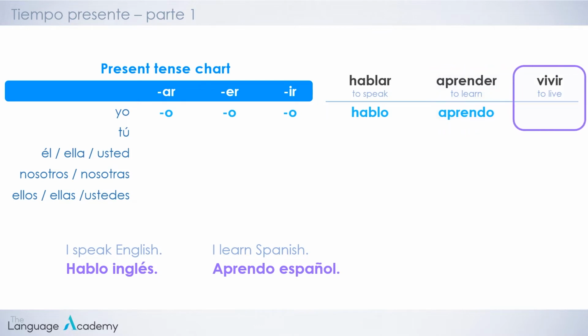Remember, this V letter is pronounced as B. Vivir. How do you say I live? Vivo. How do you say I live in the United States? The United States is Estados Unidos. Vivo en Estados Unidos.